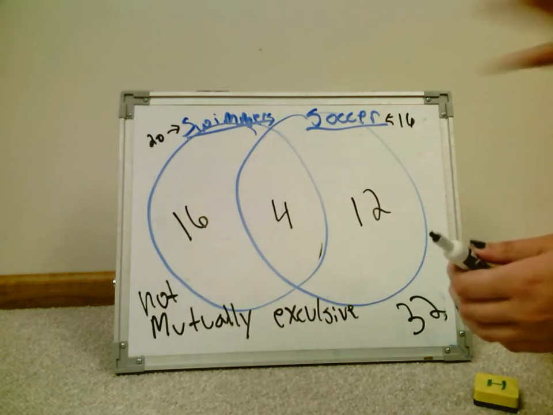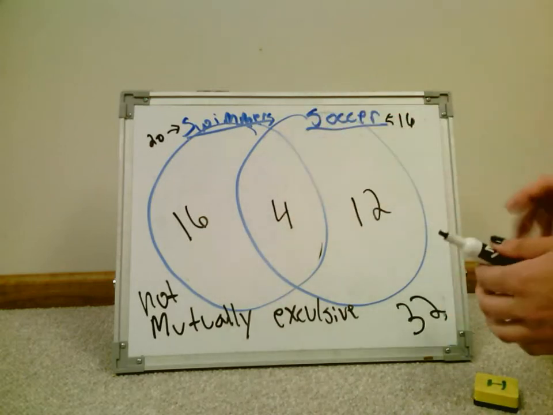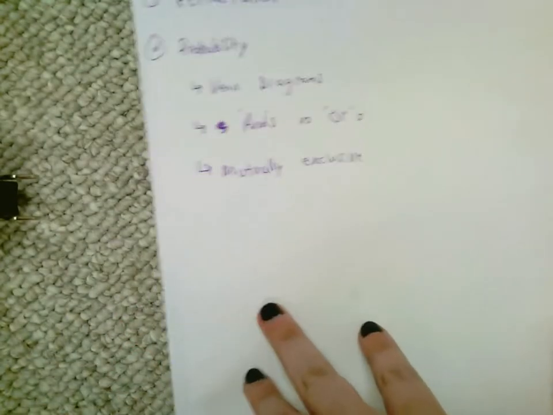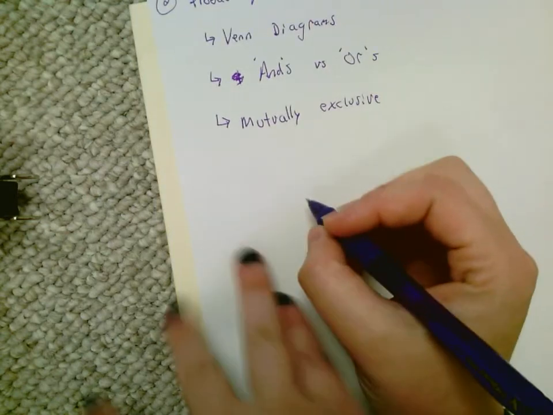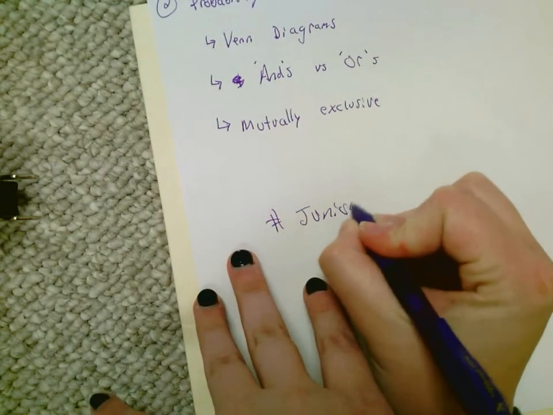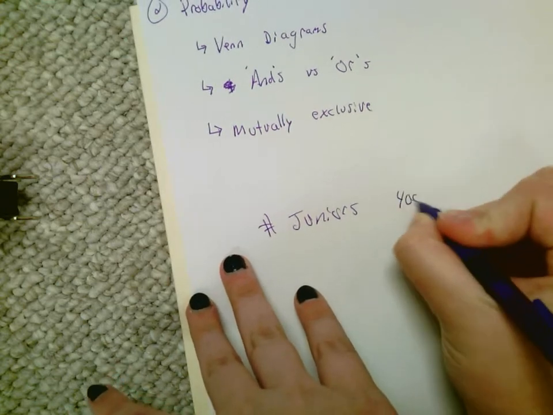Sometimes you're going to see, and again, I know I'm sidetracking a little bit, let's talk about grades, right? If I come down here for a second and I think about the number of juniors, let's say that's 400 people.